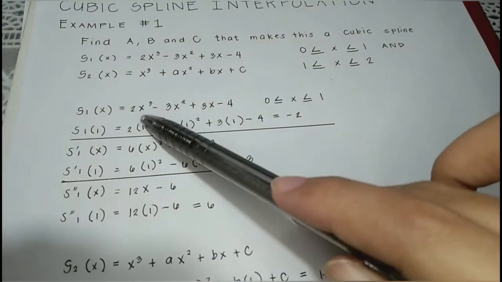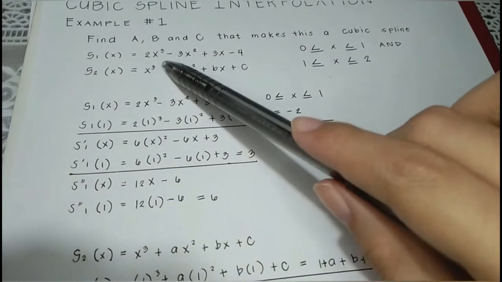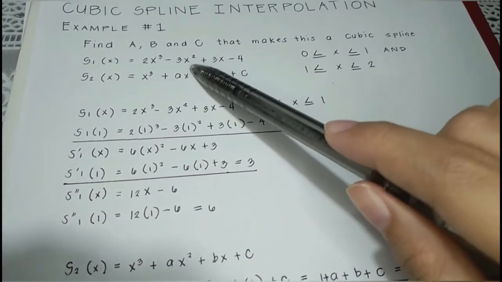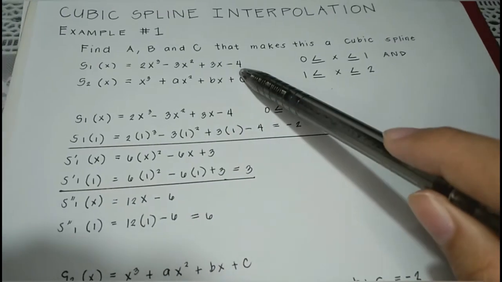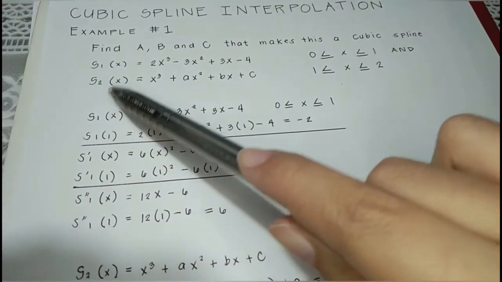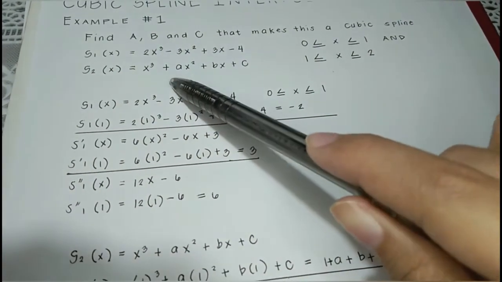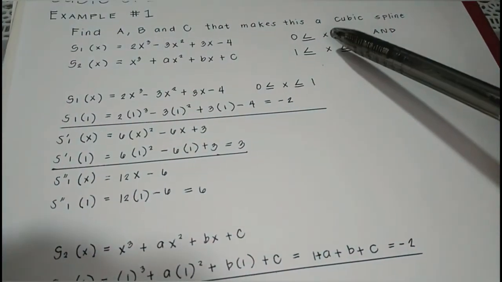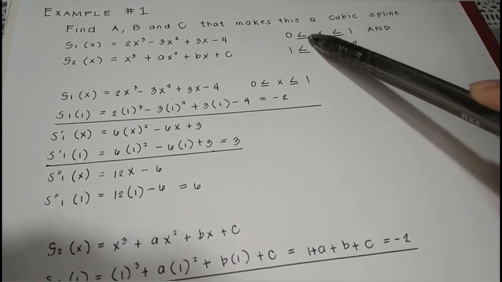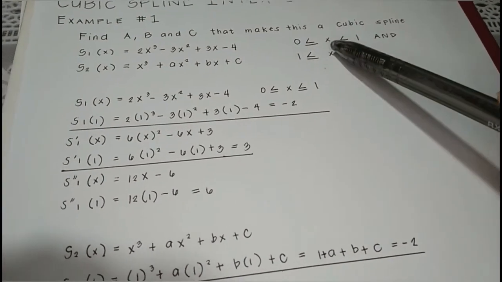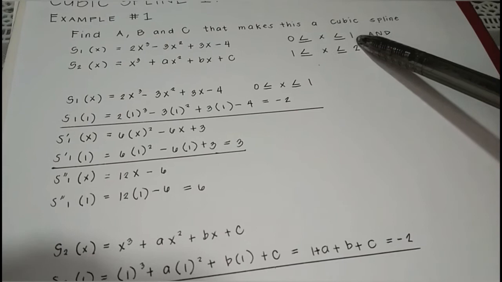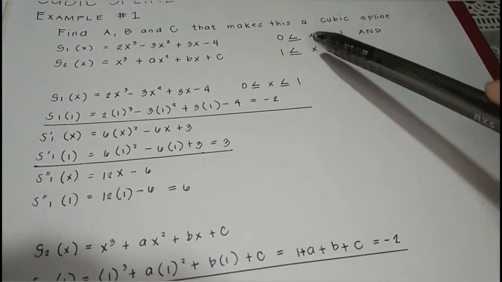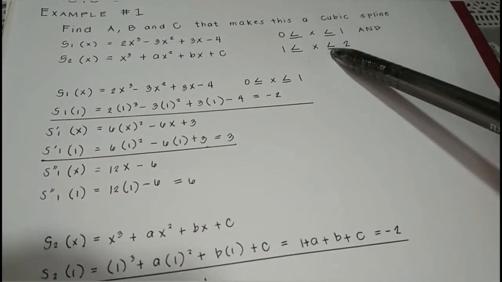S sub 1 of x is equal to 2x cubed minus 3x squared plus 3x minus 4, and S sub 2 of x is equal to x cubed plus ax squared plus bx plus c, for x greater than or equal to 0 and less than or equal to 1, and x greater than or equal to 1 and less than or equal to 2.